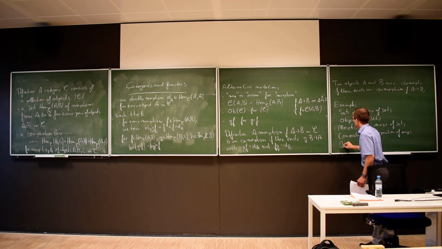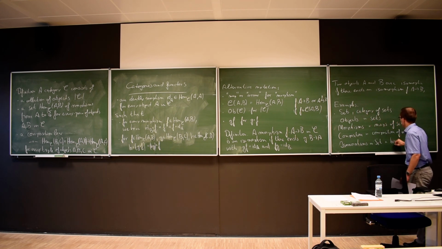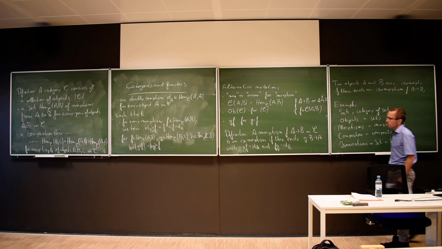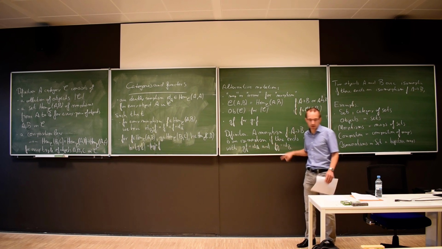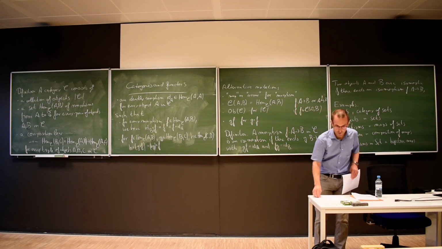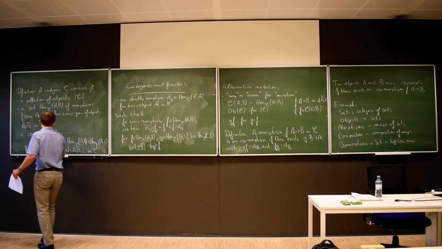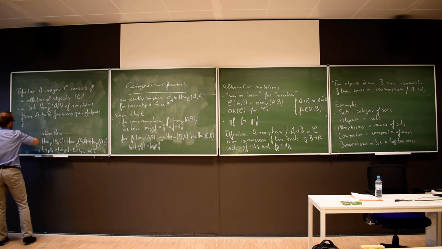So the isomorphisms in the category of sets, well, these are just the bijective maps, because a map of sets is bijective if and only if it has an inverse in this sense here. Okay, this is our first example. Now we will come to examples that have somewhat more structure than just sets.